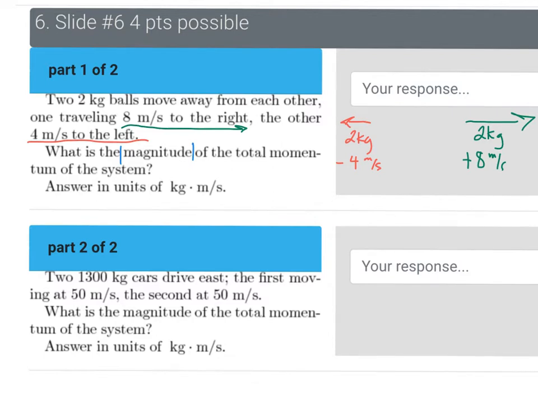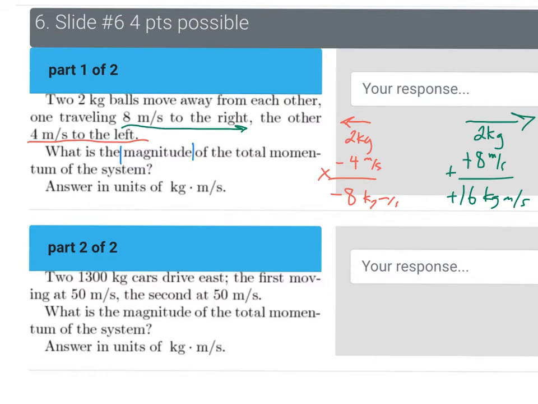All right, so to calculate momentum, we're going to do mass times velocity. 2 times negative 4 is negative 8 kilogram meters per second. And on the other side, we're going to have 8 times 2, and that's going to be positive 16 kilogram meters per second.